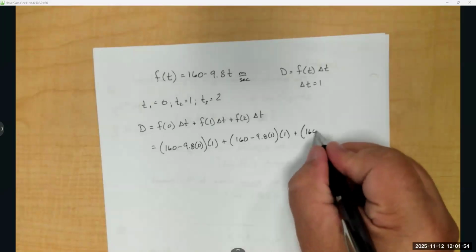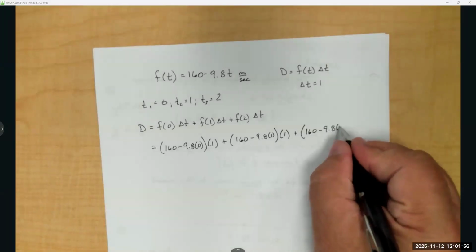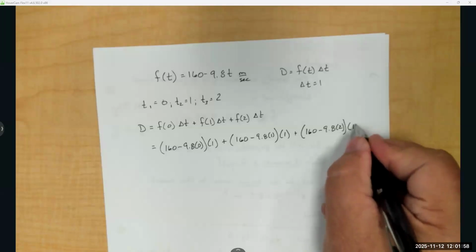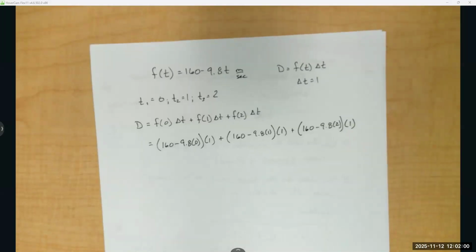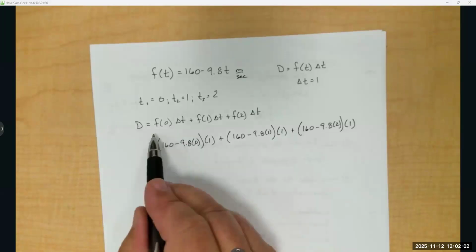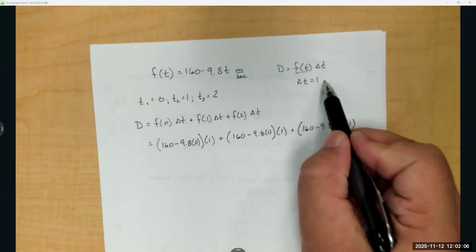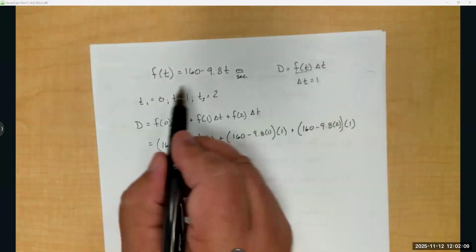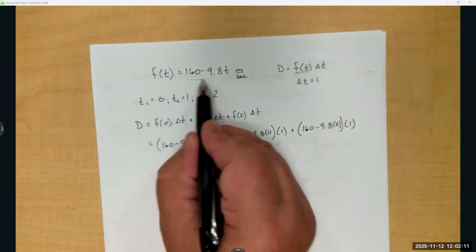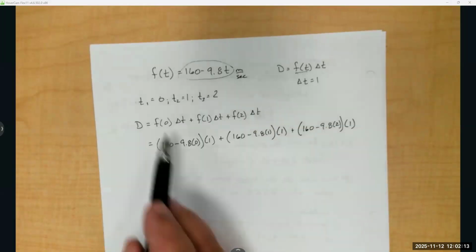And then 160 minus 9.8 times 2 times 1. Because remember, the formula itself is f of t times delta t, and delta t, we said, was 1. So f of t is this function here. You have to use this equation for each of your t values.